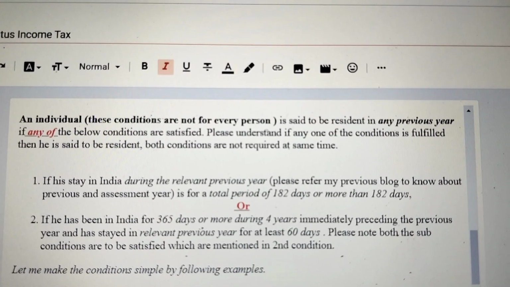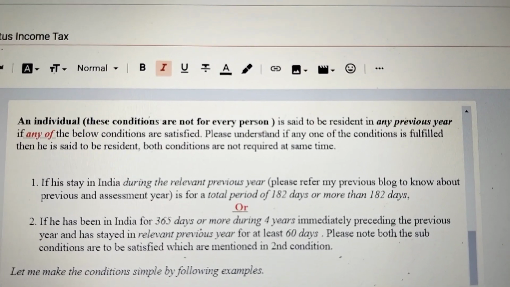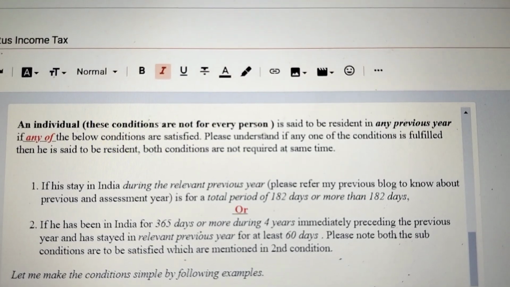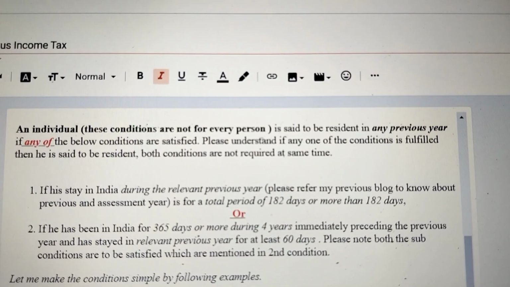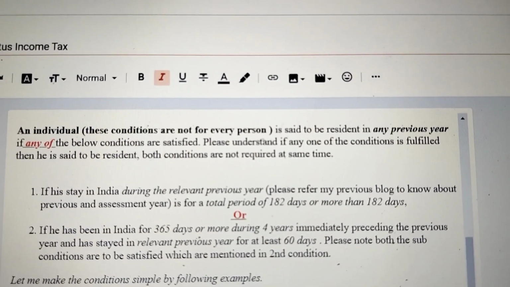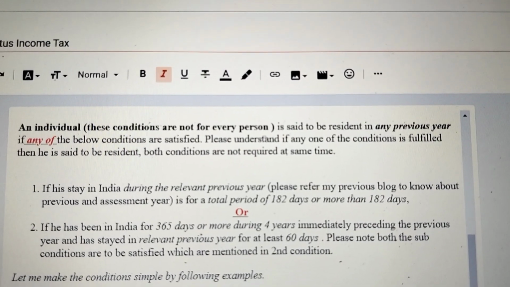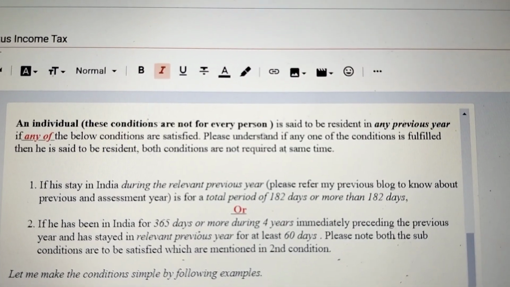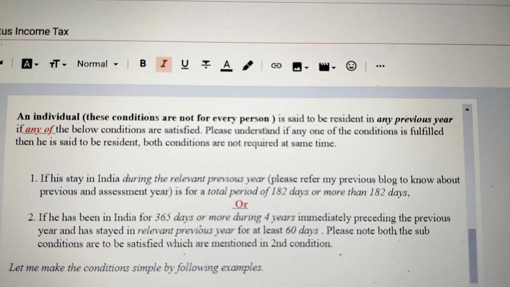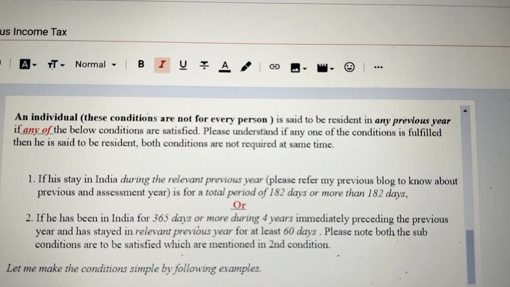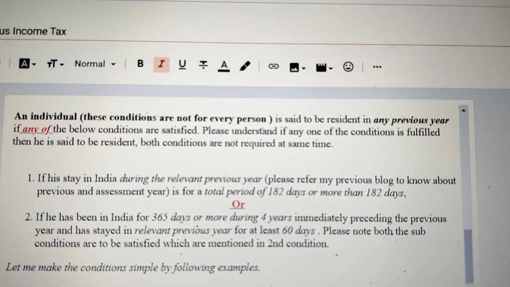For example, if we are determining the residential status of Ram for previous year 23-24, then he has to be in India in 23-24 for 182 days or more. If he was not in India for that many days, then he has to be in India for 60 days and 365 days or more during the 4 years immediately preceding the previous year.